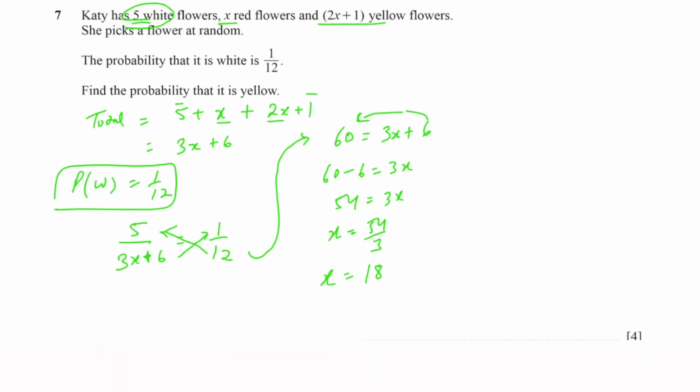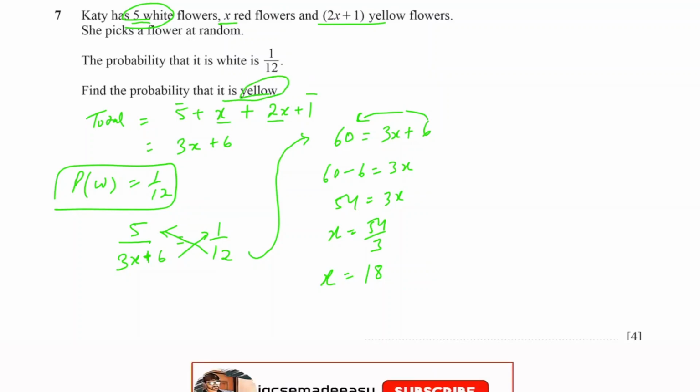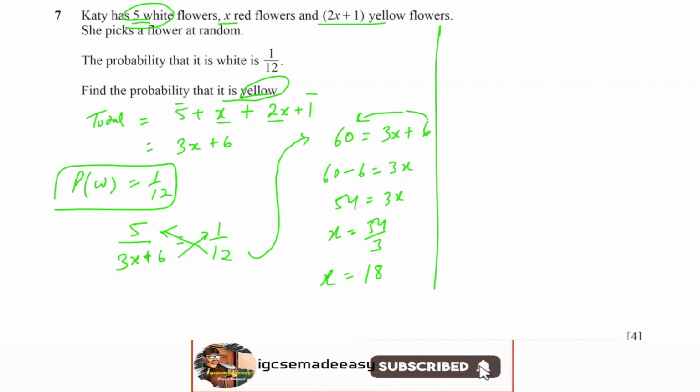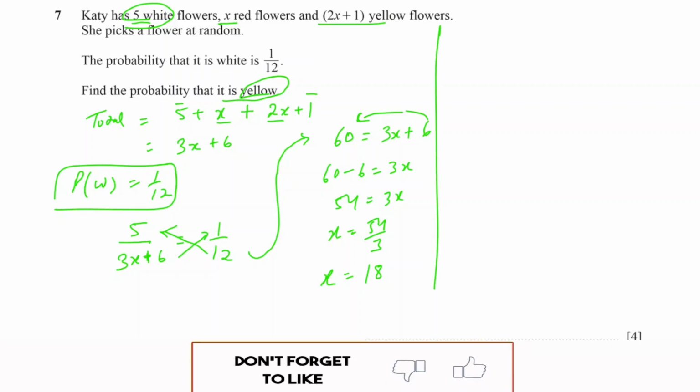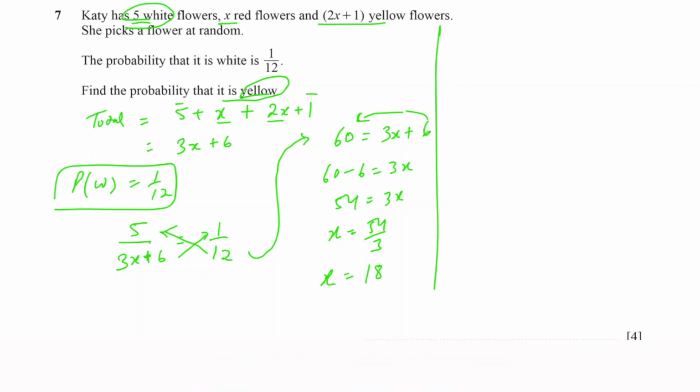Okay. So now we have to find out the probability of yellow flower. Same way we have to write the yellow flowers divided by the total value, right? So what is the total value now? Because we got the x value, the total value we got from here, that is 3x plus 6.